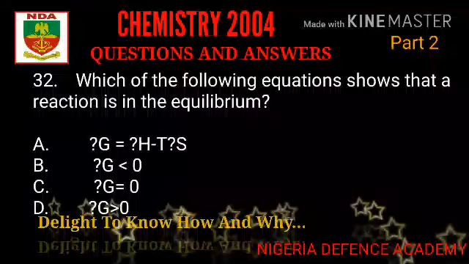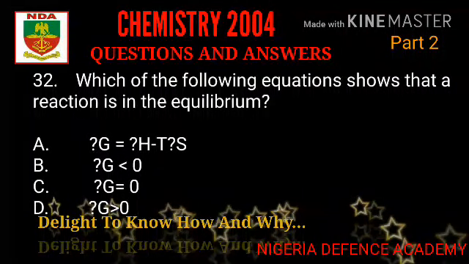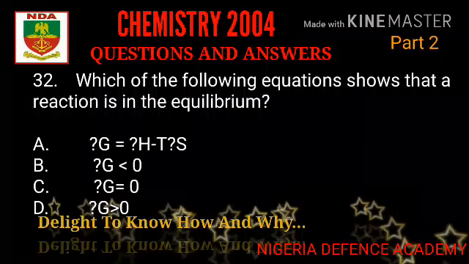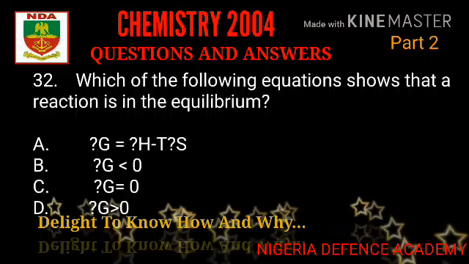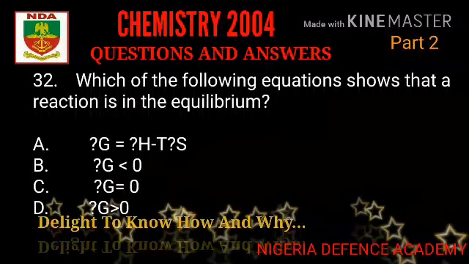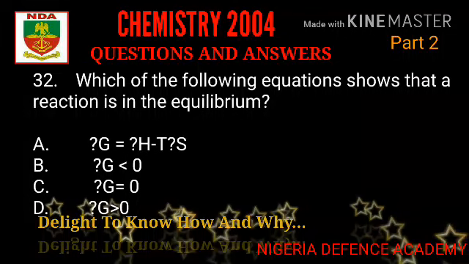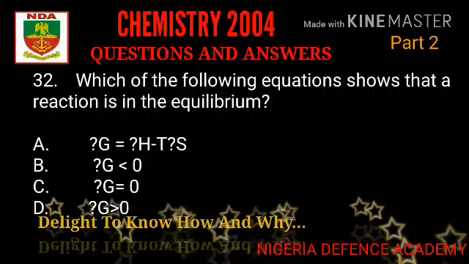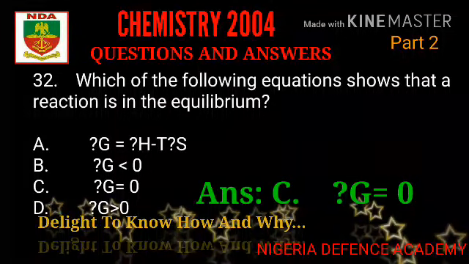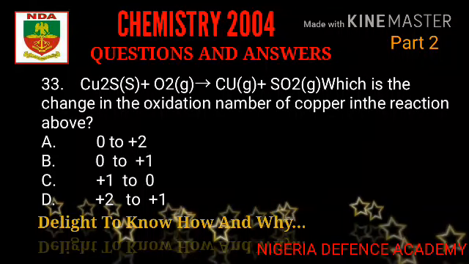Which of the following equations shows that a reaction is in equilibrium? Look at the options A, B, C or D. Which of these options is right? Well, I think the right option here is option C. Copper sulfide plus oxygen gives rise to copper plus sulfur dioxide. What is the change in the oxidation number of copper in the reaction above?